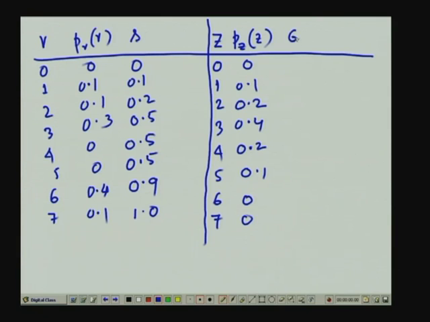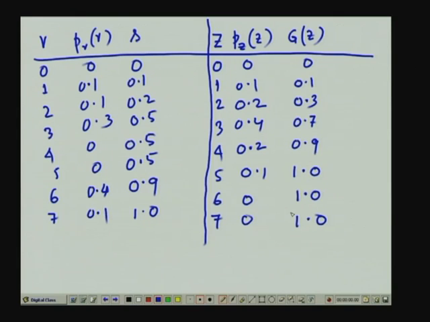And the corresponding G Z is given by 0, 0.1, 0.3, 0.7, 0.9, then 1.0, 1.0 and 1.0.